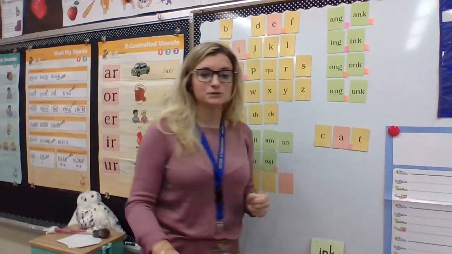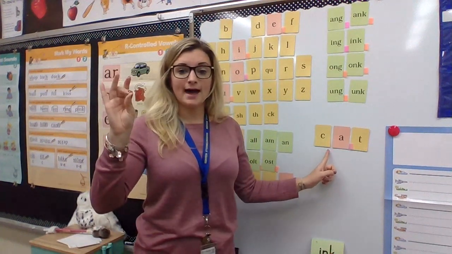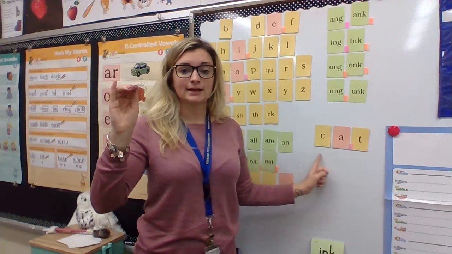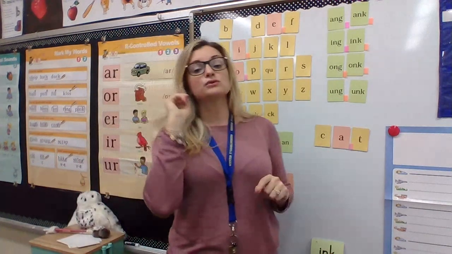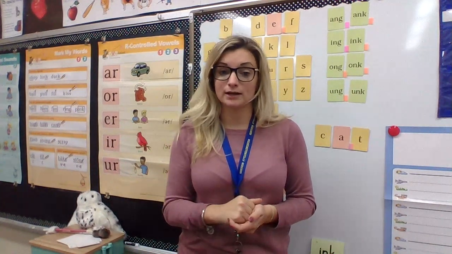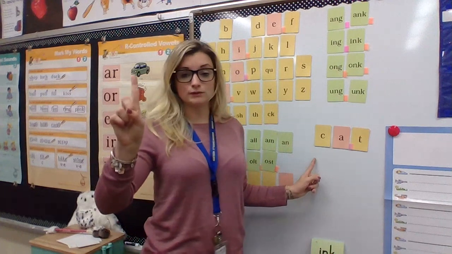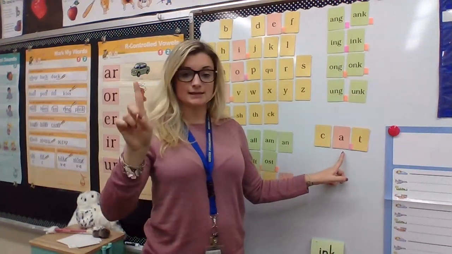All right, really simple, small, basic word. Let's tap it out together. At, cat. All right, let's look at those 3 rules, see if it follows those 3 rules, and then we may need to mark it. So let's look. First rule, does it have one vowel? Yes.